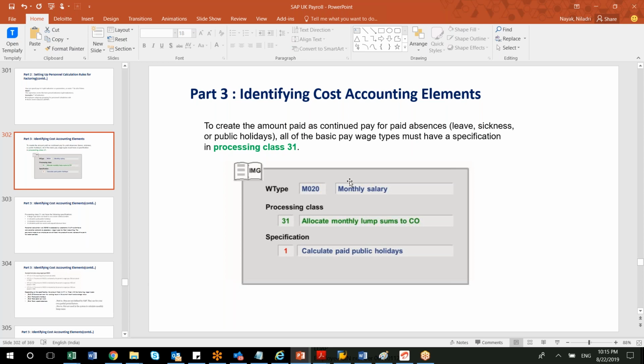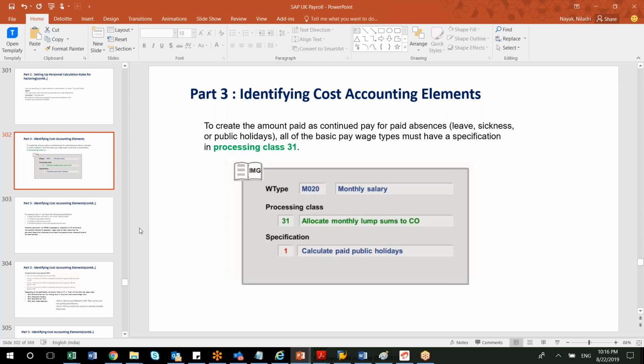Whenever you are specifying and calculating paid public holidays, a clear example for this month, if I say for India, you have a public holiday which is a paid public holiday, that is Independence Day. Similarly, the UK will also have public holidays for a particular month. In that it will be mentioned processing class 31 and that specification that calculates the paid public holidays.